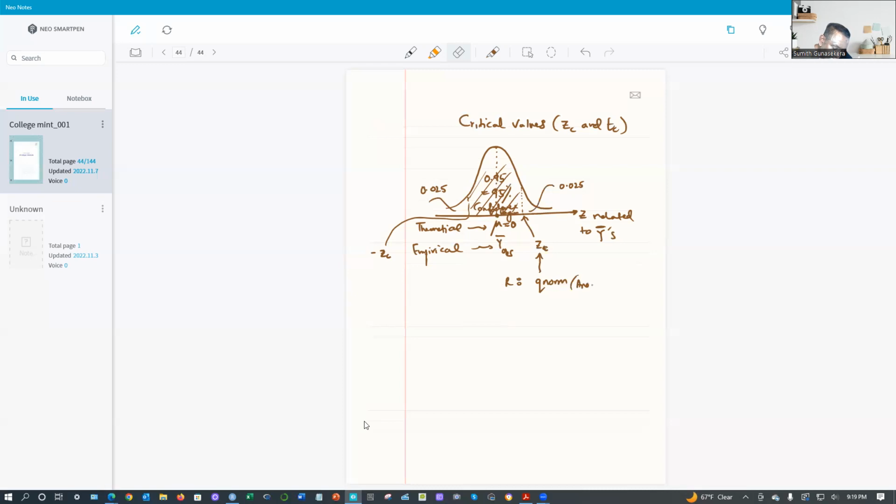Area to the left is how much? 0.975, which is 0.95 plus 0.025.